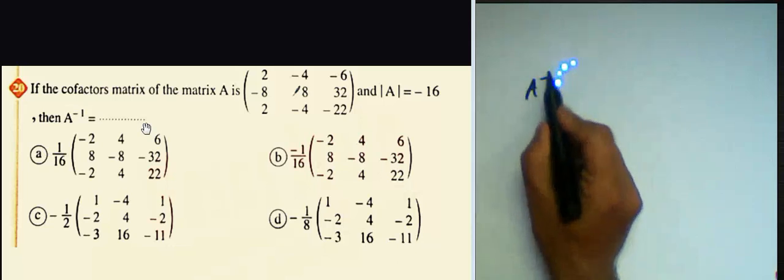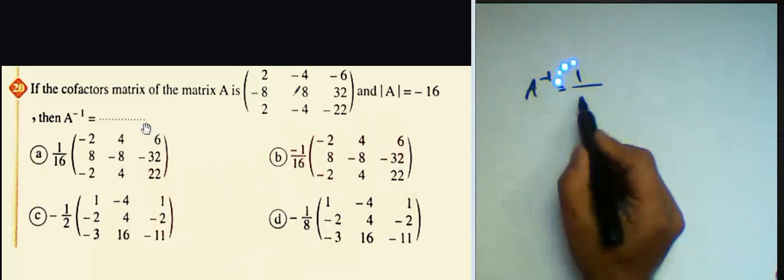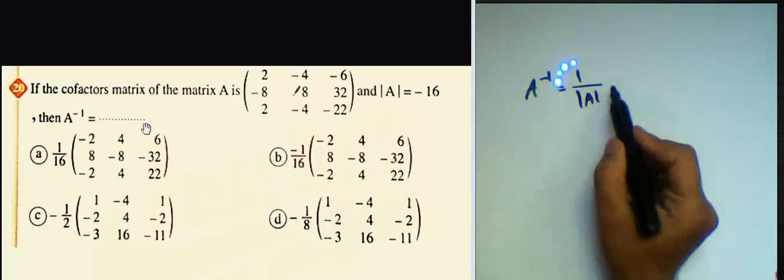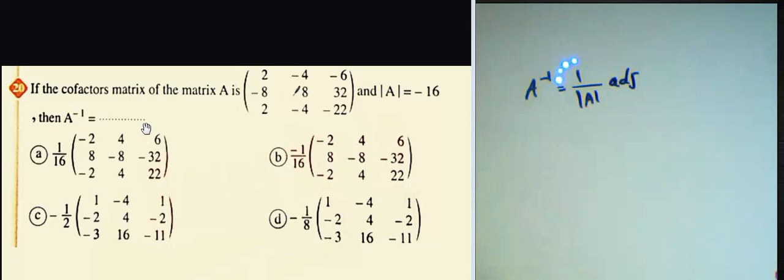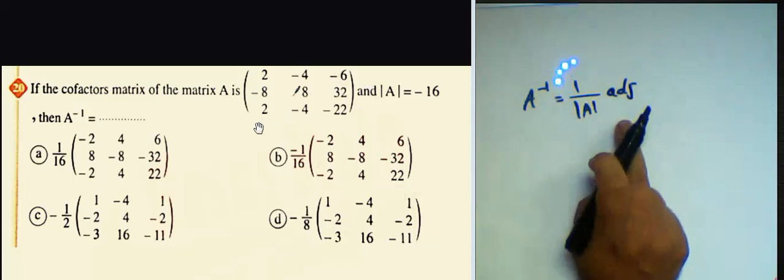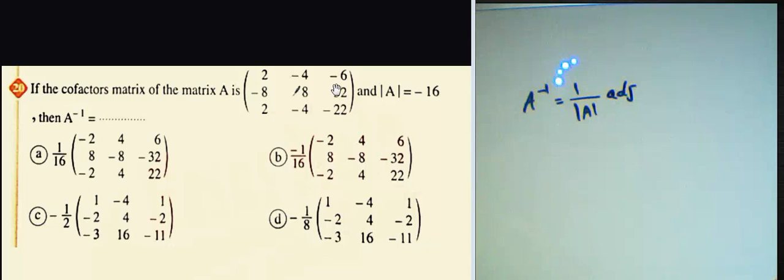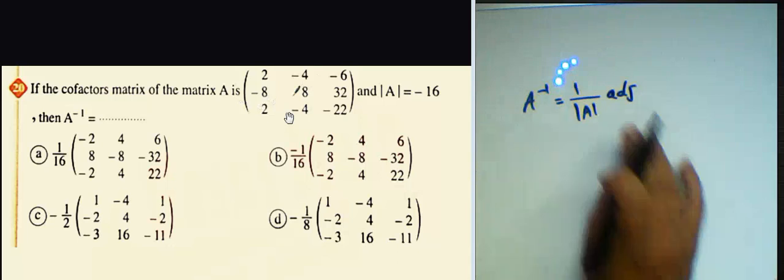The inverse of the matrix equals 1 over the determinant of matrix A multiplication by the adjugate. He gives us here the cofactors 2 and -4 and -6. We can rotate it to find the adjugate. Rotate this matrix here because they give us the cofactors matrix. If you rotate it, you can find the adjugate.